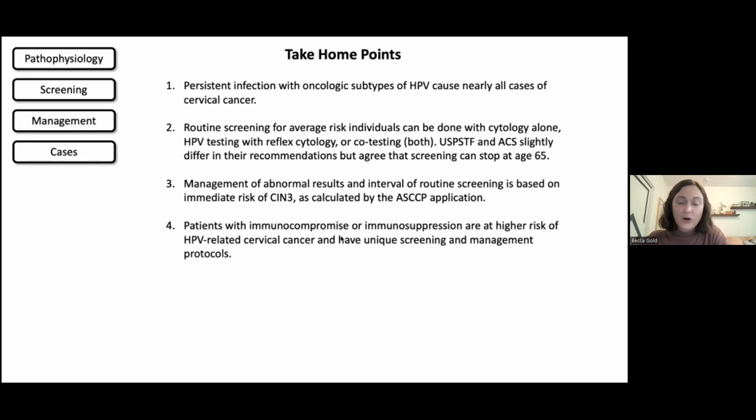I hope you feel better equipped to manage abnormal results now and use that ASCCP app or website. And then just keeping in mind that patients who are immunocompromised or immunosuppressed are at higher risk for HPV-related cervical cancer, so they have unique screening and management protocols. And I will stop there.